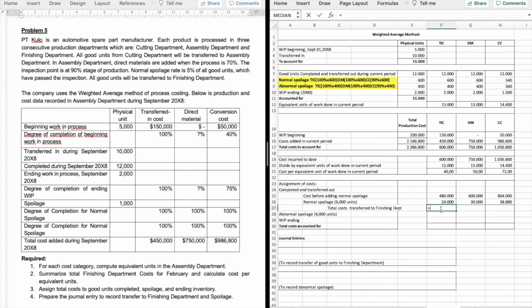And here we have the total cost transferred to finishing department. And now for the abnormal spoilage, we calculate the cost per equivalent unit with the equivalent units for the abnormal spoilage and also for the ending work in process.